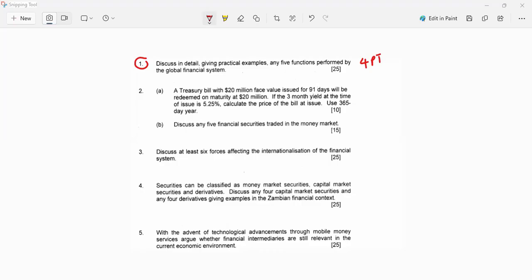So second P is that of what? Pooling resources. A practical example is the money market, for instance, offered by a securities exchange to pull funds from thousands of customers in Zambia who buy denominations of treasury bills.